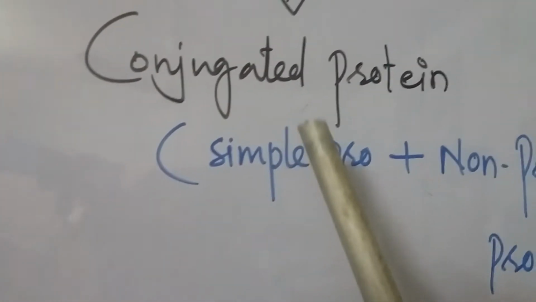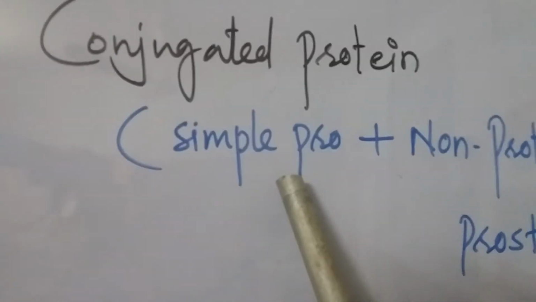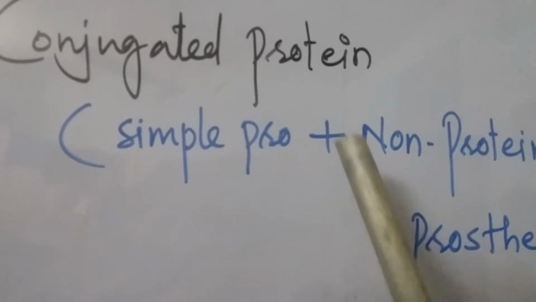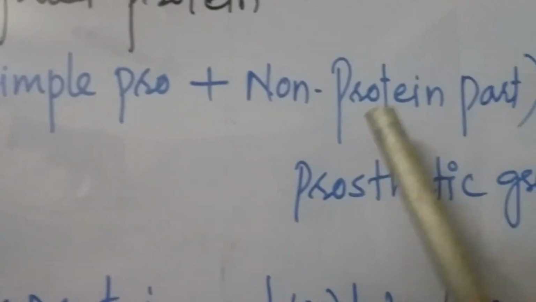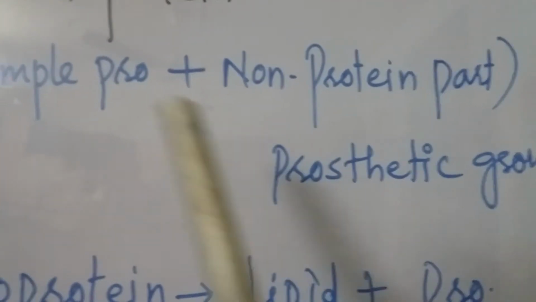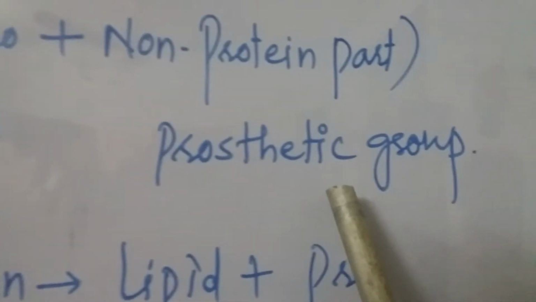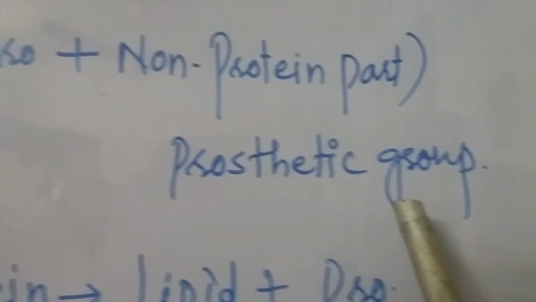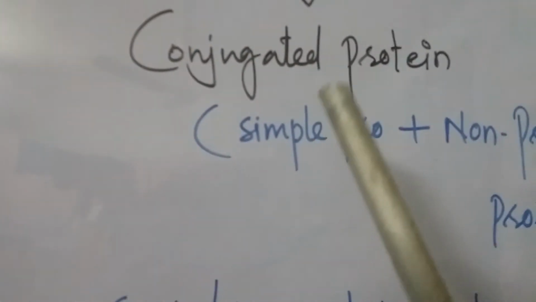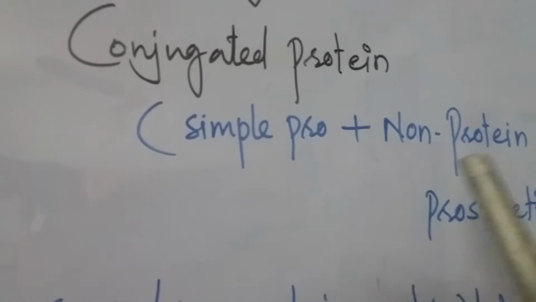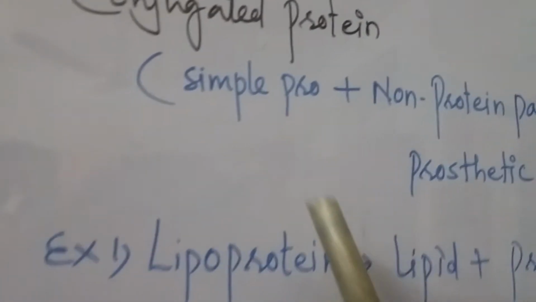This type of protein is called conjugated protein, which is always found with some other non-proteinous part, and that non-proteinous part linked with the protein is known as the prosthetic group. So it means you will see a prosthetic group, that is, a non-proteinous part, in the conjugated protein along with the protein.